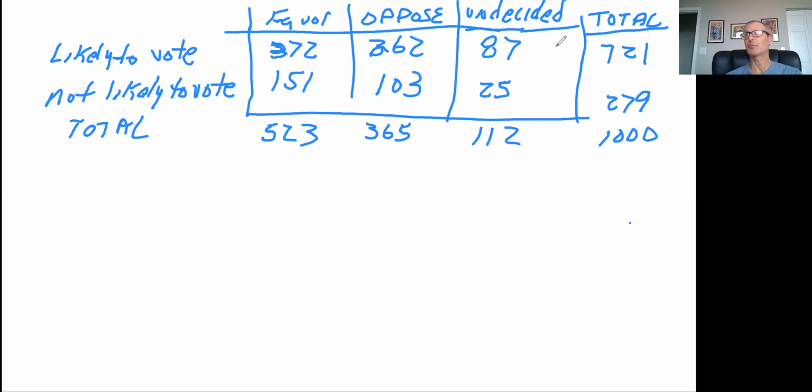Because you'll see that when we do this calculation, you will need those for the denominators for a lot of them. So the first question is, what is the probability that a randomly selected adult is likely to vote or favors the law? So the probability of V or the favor.